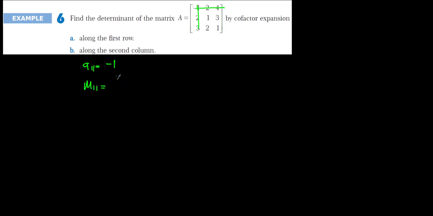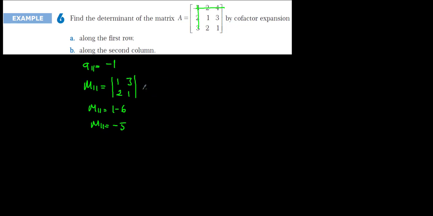M11 is equal to 1 times 1, which is 1, minus 2 times 3, which is 6, so 1 minus 6 is equal to minus 5.